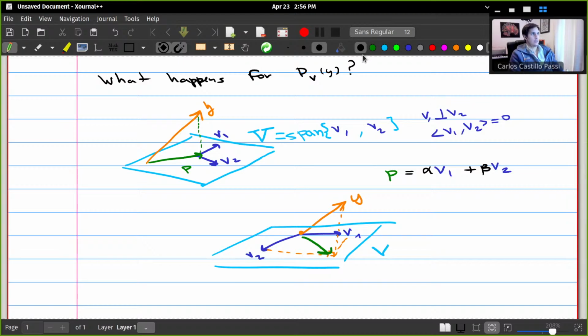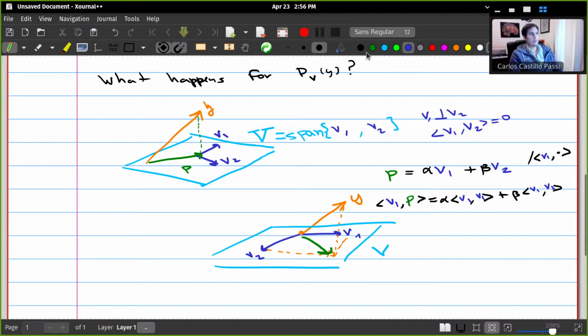Now, if we apply the same principle and we do it with V1 first, we have in the left hand side V1 and P equals alpha times V1 and V1 plus beta times V1 and V2.